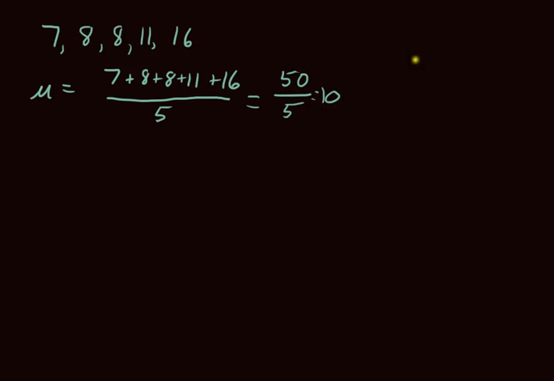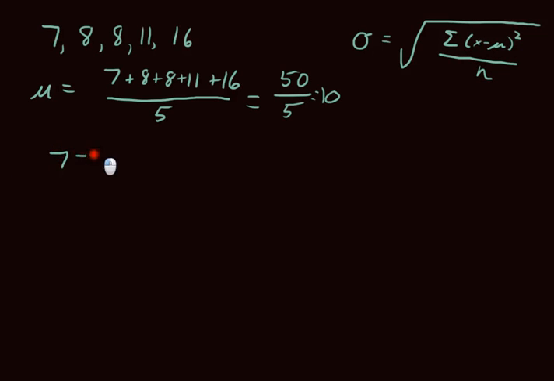So there's our mean. Let me remind you, for standard deviation, we're supposed to take each entry, subtract the mean, and square that. Then we add those up, and then we divide by how many there are. So take the first guy, 7 minus the mean squared, well, that'd be negative 3 squared, which is 9.